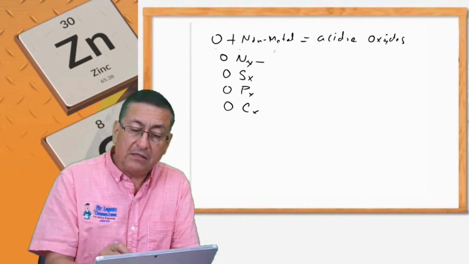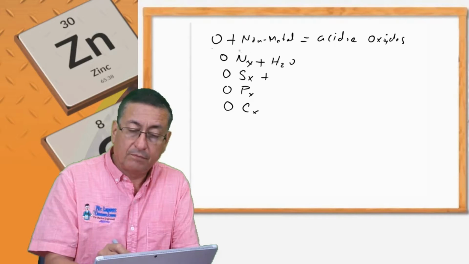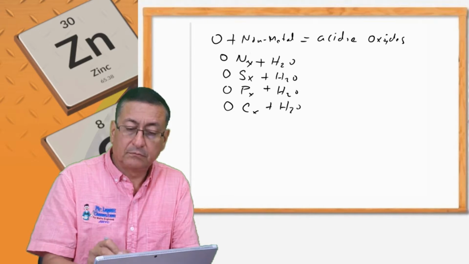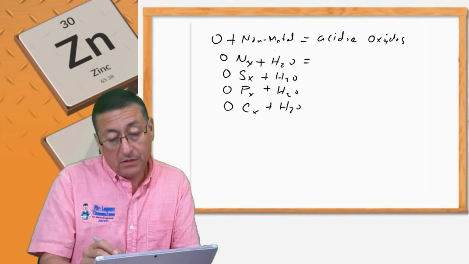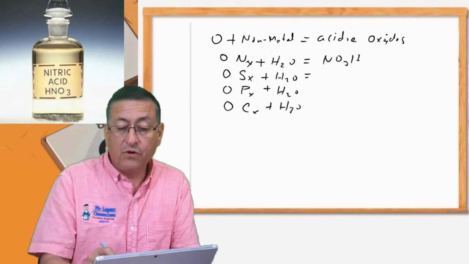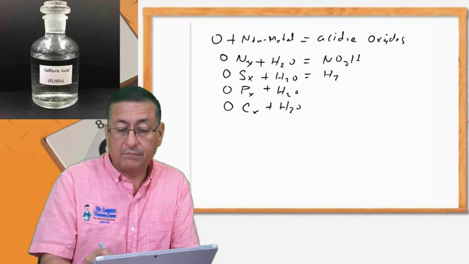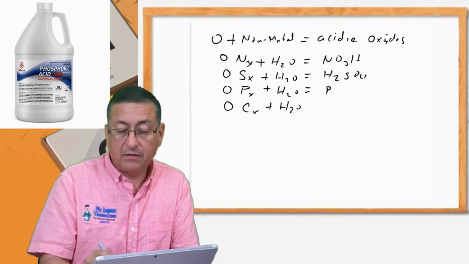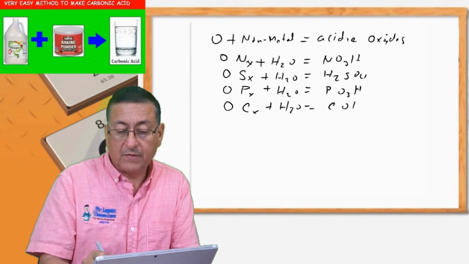Those oxides plus water produce nitric acid, sulfuric acid, phosphoric acid, carbonic acid.